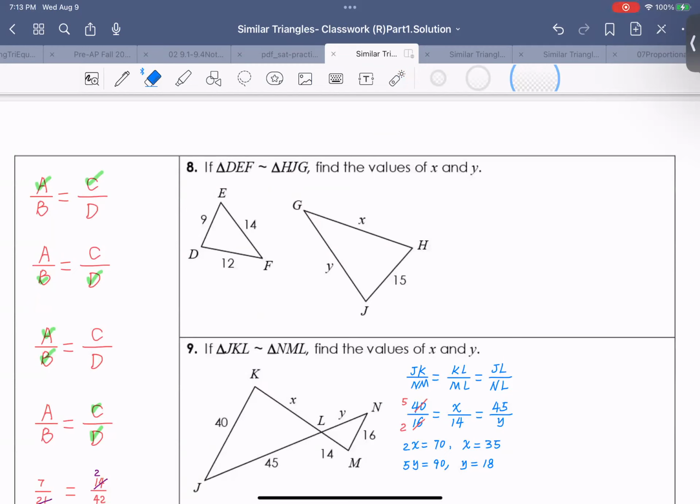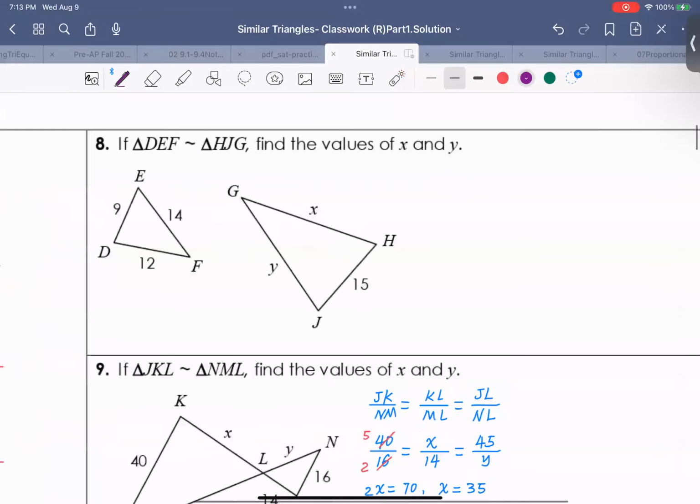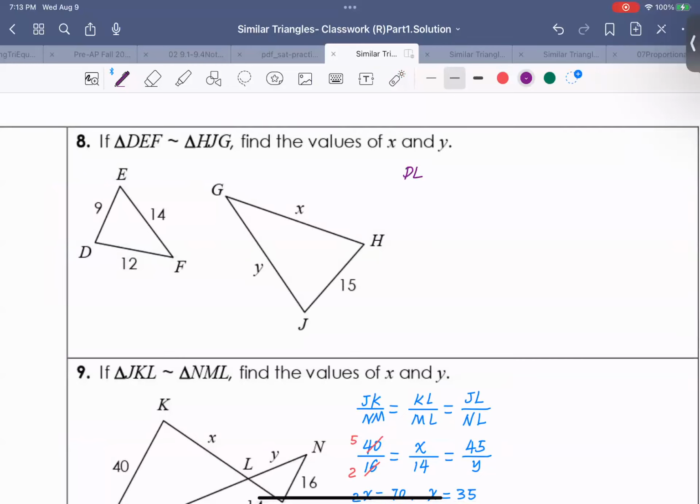Let's see over here. Sophie, based on these two similar triangles, let's write down the equation, please. I prefer we write down the triangle letters first. DE over HJ is equal to DF over HG, is equal to EF over JG.